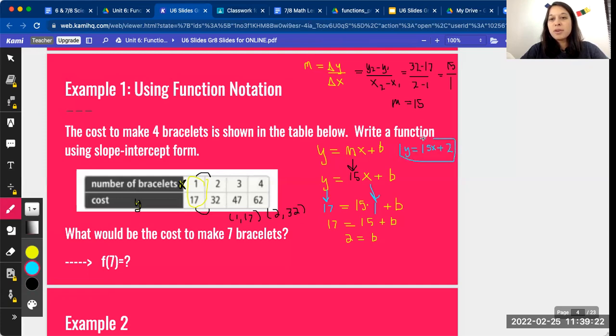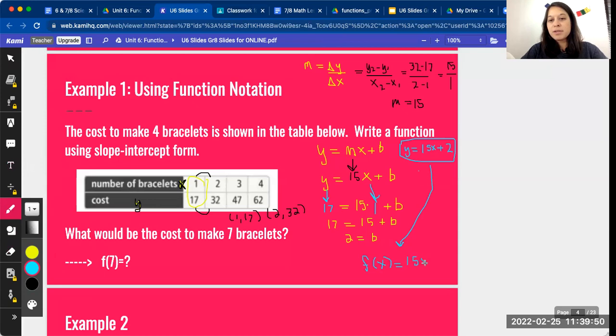There's my linear equation. But the added new thing today is to put it in function notation. So guess what? Here's my function notation. Let me write it where I have more space. I'm gonna squish it. f of x equals 15x plus 2.